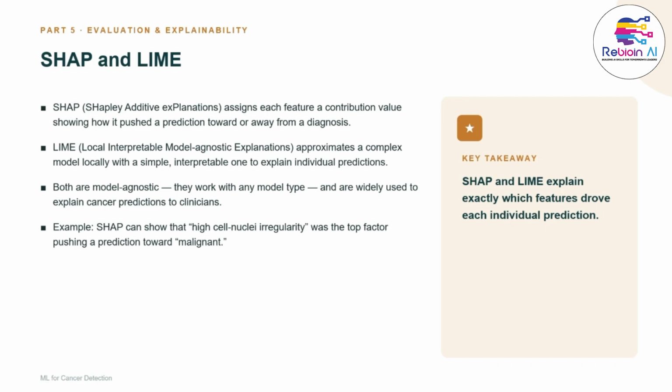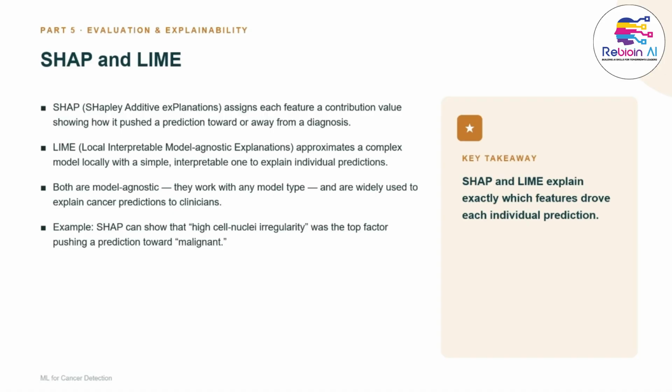LIME, that is Local Interpretable Model-agnostic Explanations, approximates the complex model's behavior locally around one specific prediction using a much simpler interpretable model just to explain that case. Both are model agnostic, that is, they work regardless of underlying model type.